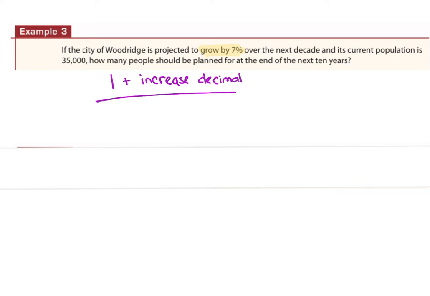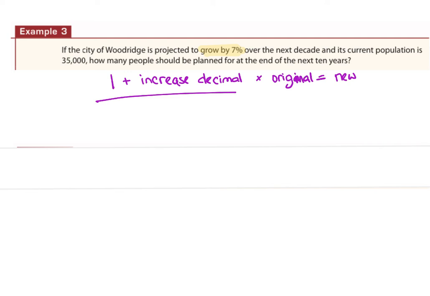And then you're going to multiply that by your original amount. And that will be your new amount.